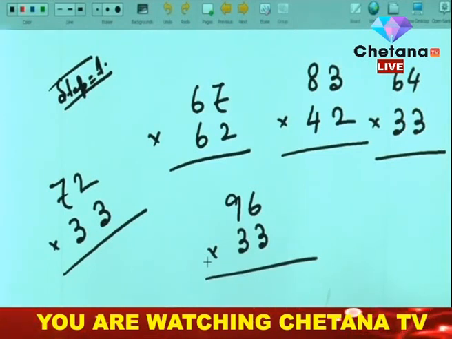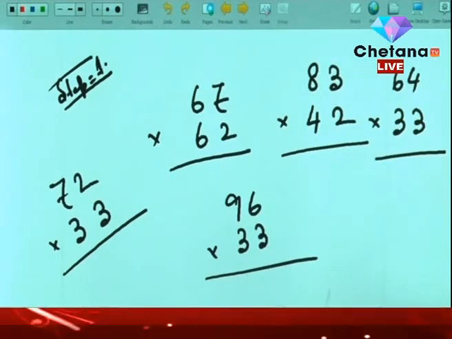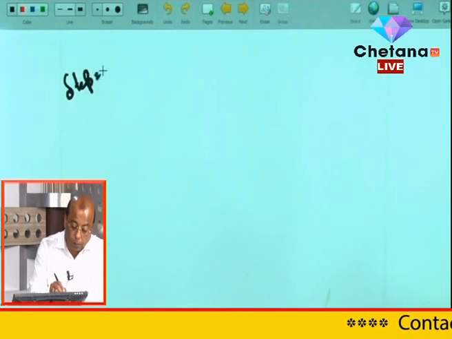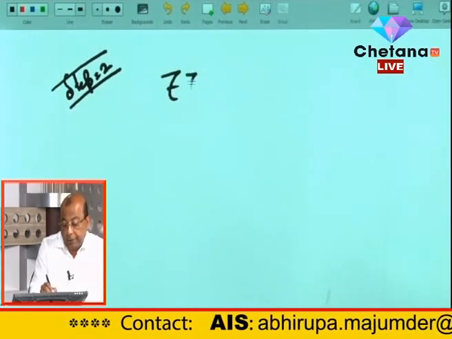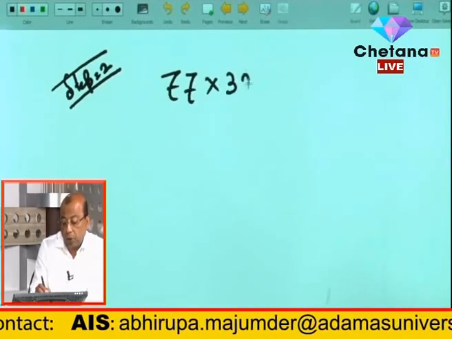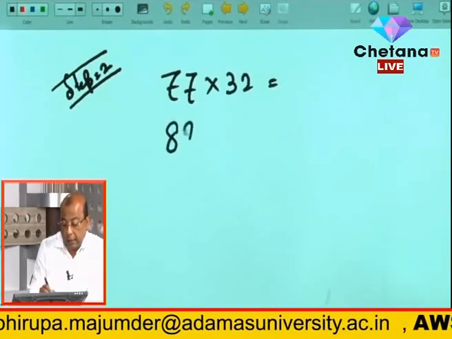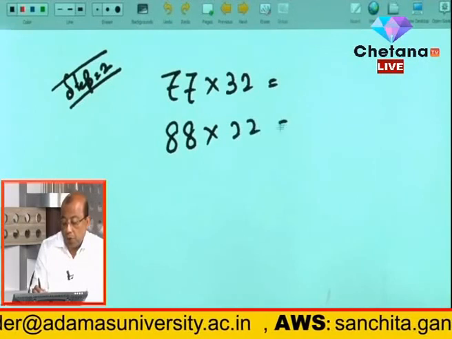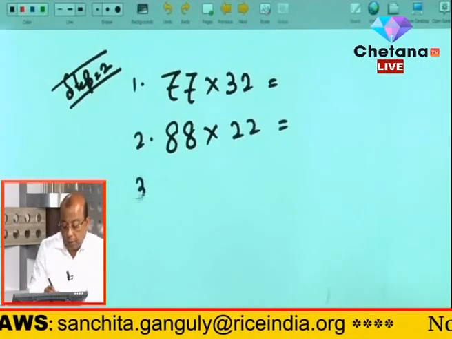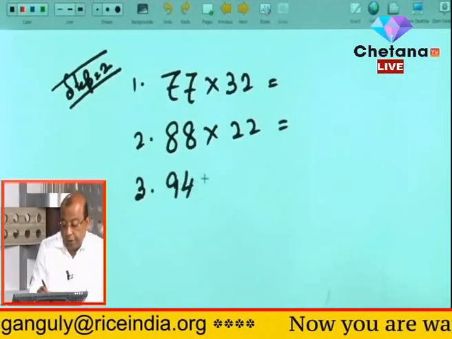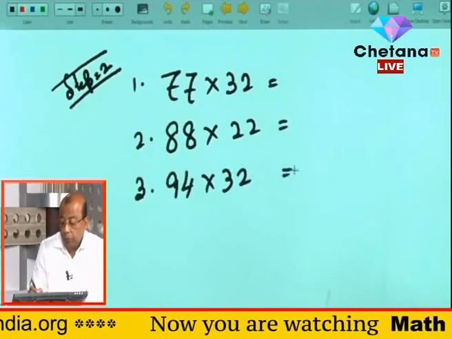For step 1 and step 2: 77 into 32, 88 into 22, 94 into 32.